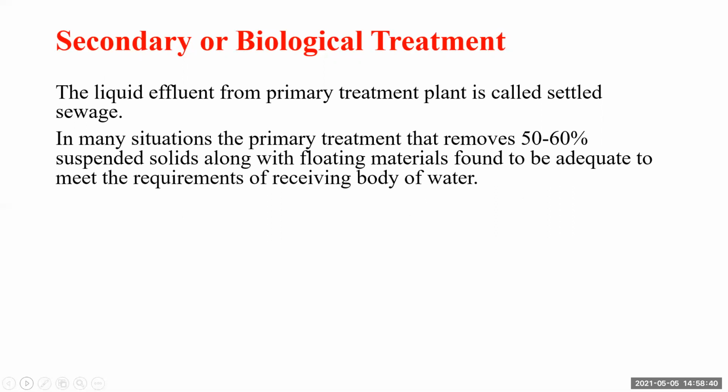It means that after primary treatment, where we remove the suspended solids as well as the floating materials, 50 to 60% of the suspended solids get removed. Such a liquid effluent is found to be adequate to meet the requirements of the receiving water body. That means we can dispose it into a water body after primary treatment.